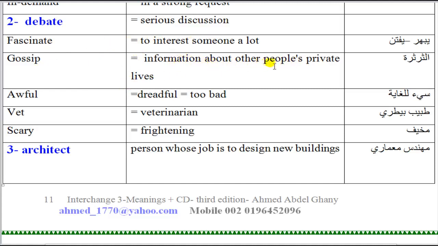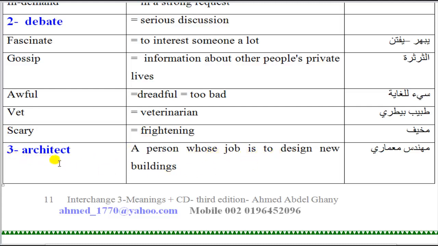Awful, dreadful, too bad. Vet, veterinarian, vet. Scary, frightening.